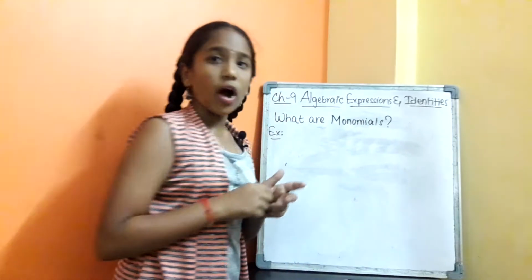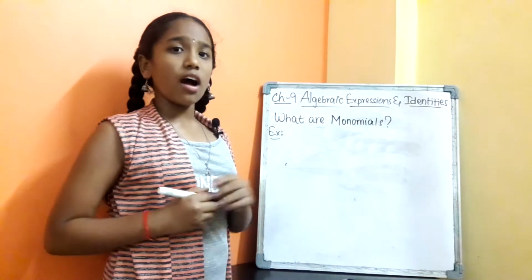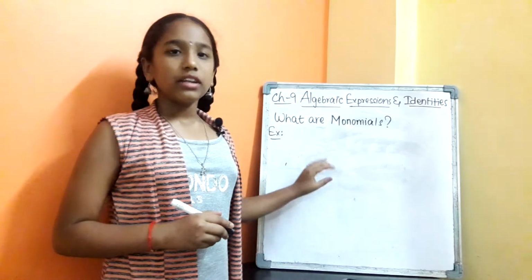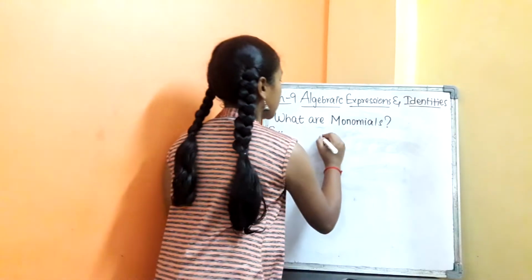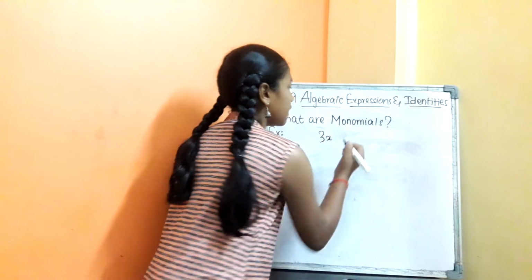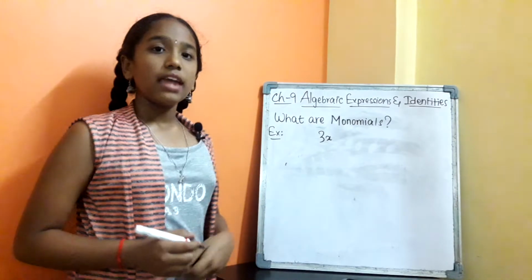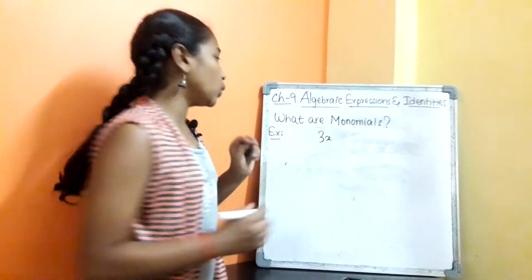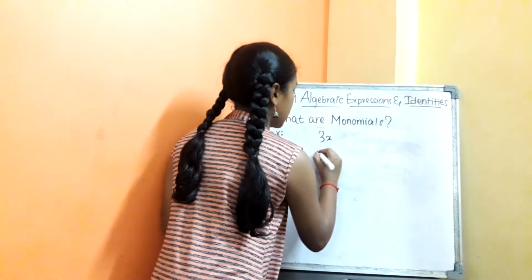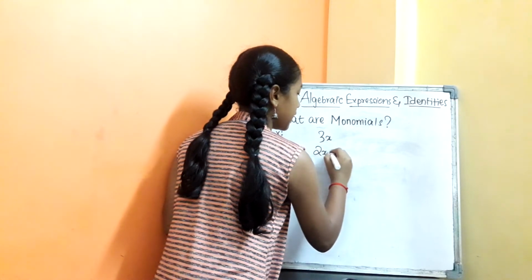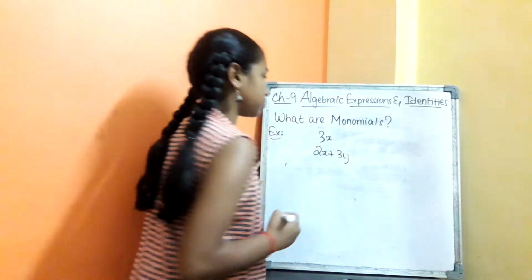Okay, what are monomials? Now as I showed before, there are terms. If there is only one term like 3x, this is called a monomial. Then what is binomial? Having two terms. For example, 2x plus 3y.